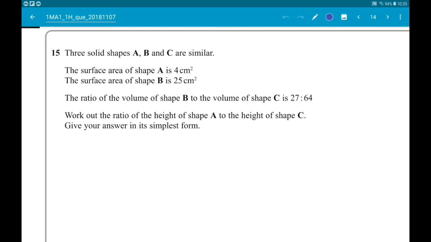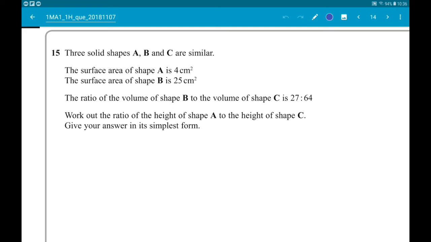We are told the ratio of the volume of shape B to the volume of shape C is 27 to 64. We want to work out the ratio of the height of shape A to the height of shape C, giving our answer in its simplest form.